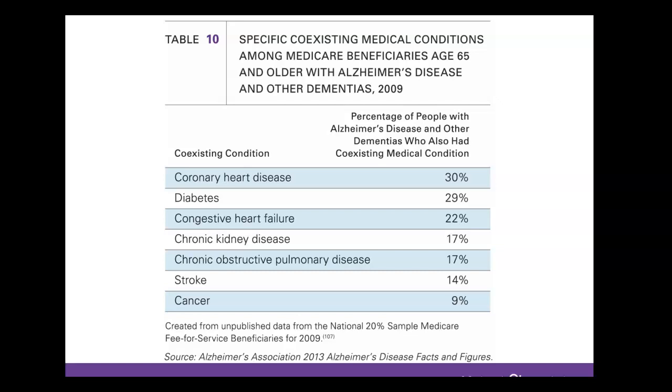So this slide is persons with Alzheimer's disease and dementia, as well as coexisting medical conditions. 30% are diagnosed with coronary heart disease, 29% diabetes.